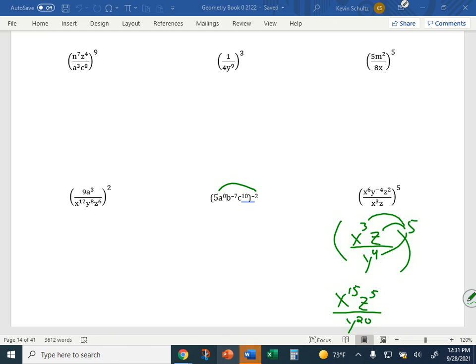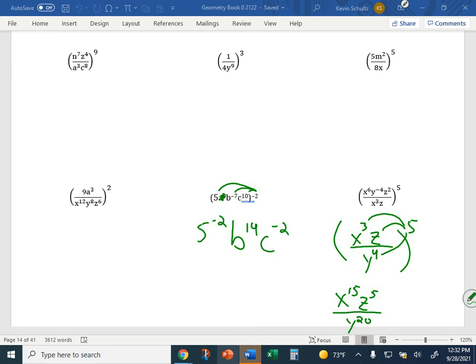We can get rid of this a to the 0. We already talked about why. 0 times anything is still 0. But 5 to the -2nd, it takes on that exponent. b to the -7th times -2 becomes b to the +14th. So if you did move that down first, you'd just finally have to move it back up anyway. So like I said, it doesn't make any sense to move things until we're all done.